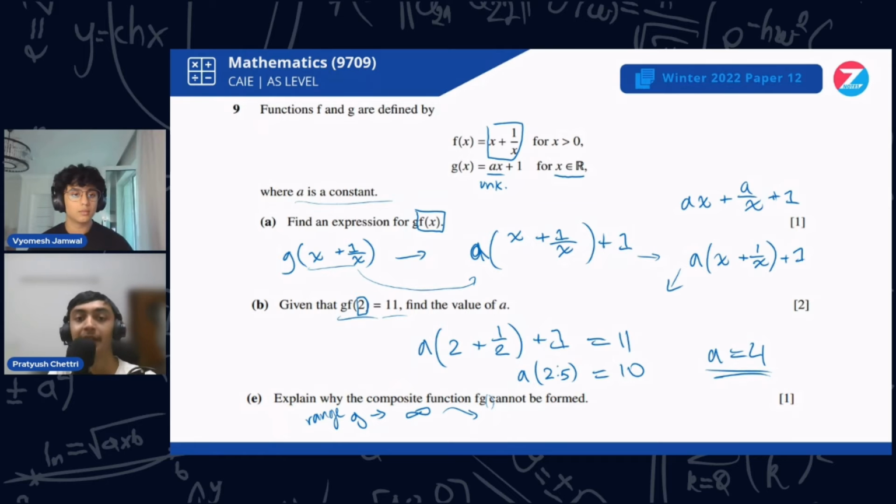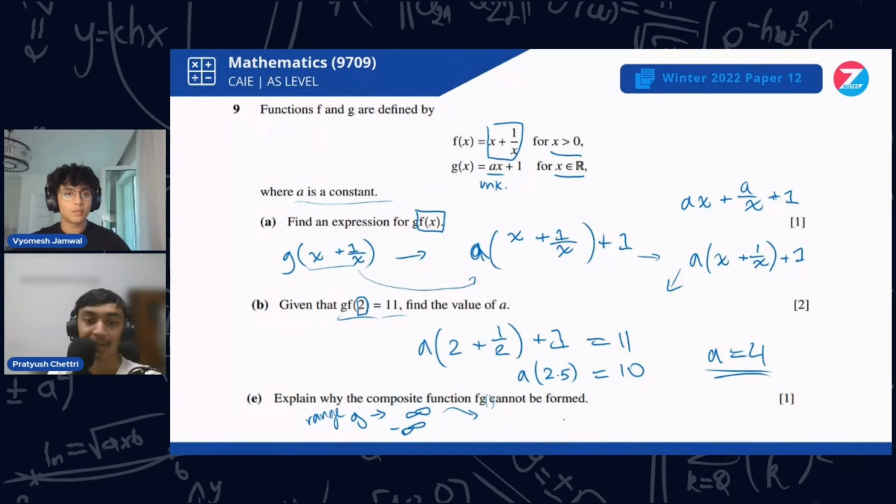So g's output becomes an input for f. And f can't use any inputs less than or equal to 0. So f can only use inputs greater than 0, and g gives outputs all the way to infinity and minus infinity. There's no restrictions, but f has restrictions, so it can't accept g's output as its input.